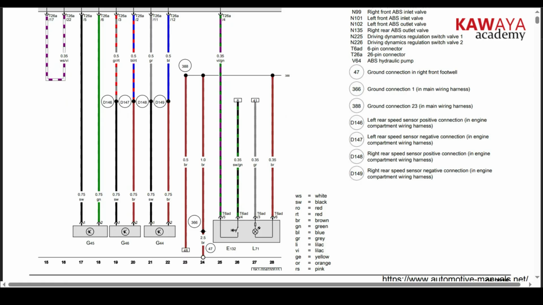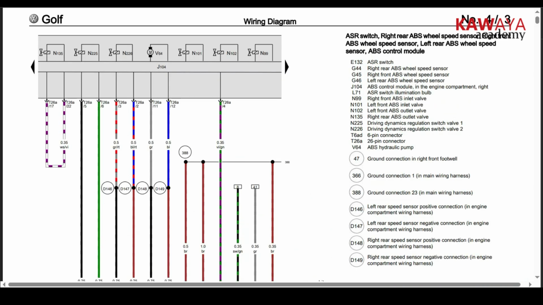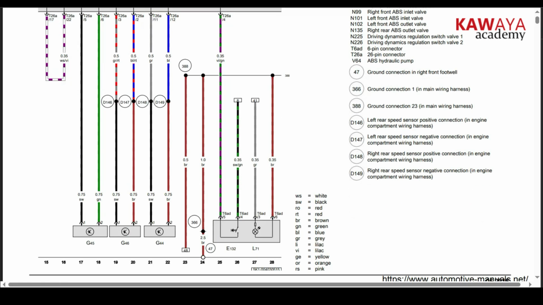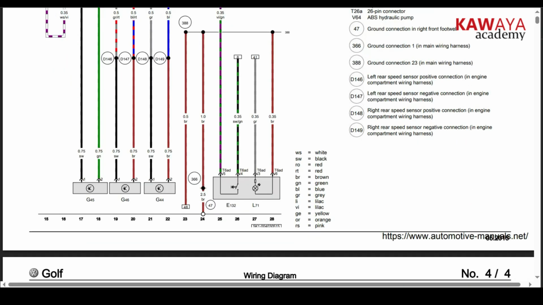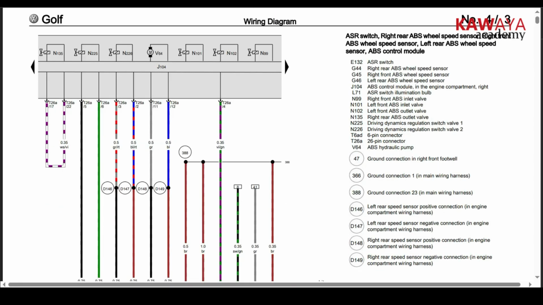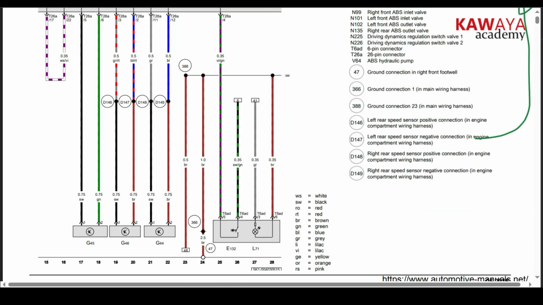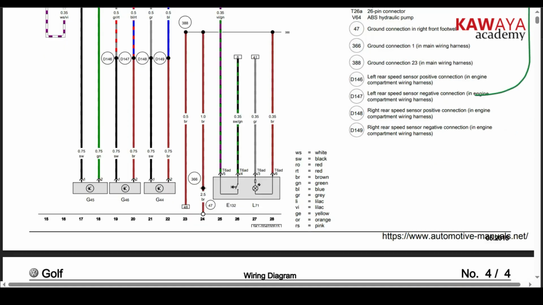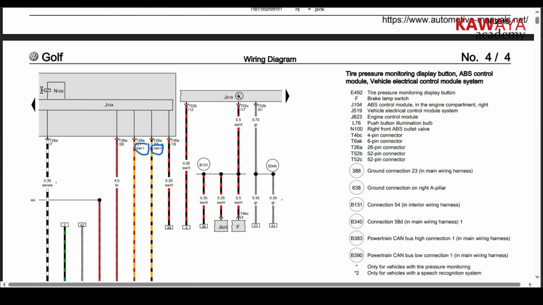If you're troubleshooting a sensor, you can easily understand which wire is connected to that sensor, black, green, and so on. The beauty with Volkswagen is that they even have this part where they give you a brief overview of what some of their symbols mean, which is not the case for some manufacturers. Okay, let us continue.